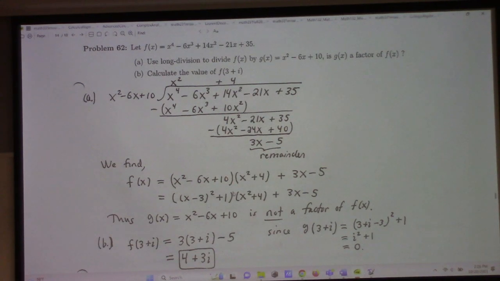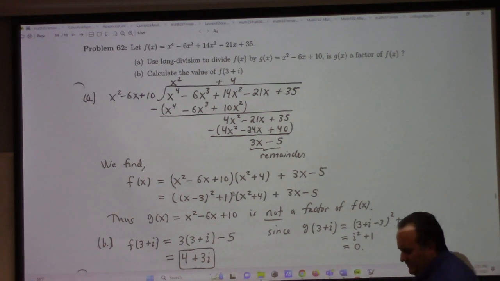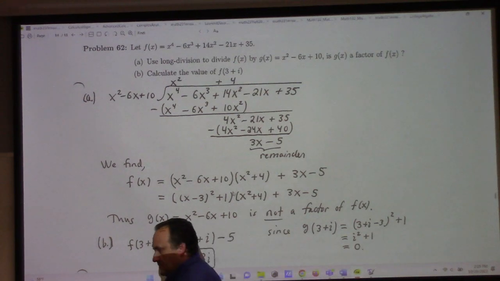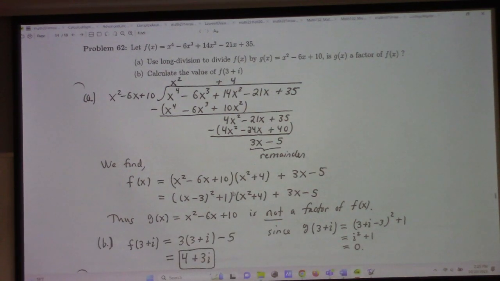So these are 2 equivalent ways of writing the answer to the long division. And so it kind of depends what you're after, right? But of course the way I just wrote in purple is convenient for problem 62, well, part B really is where it's convenient.